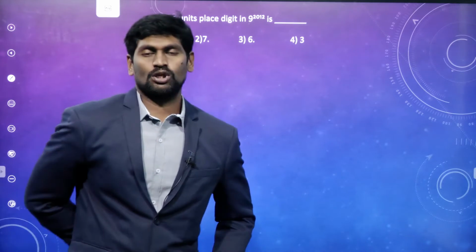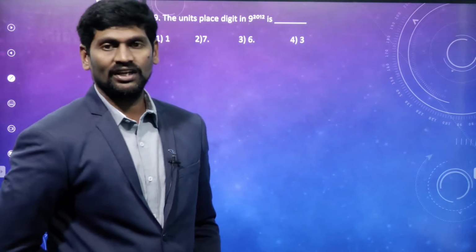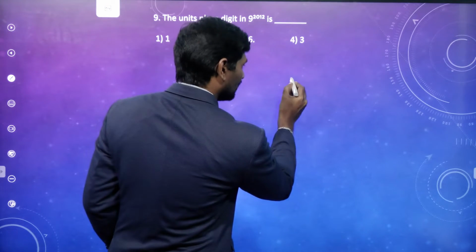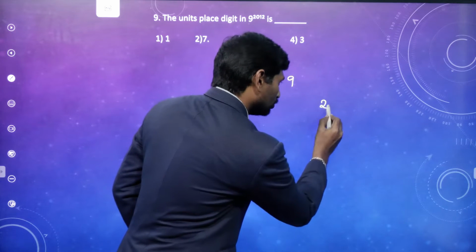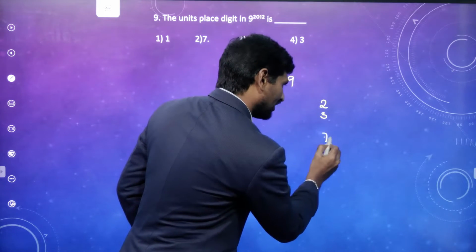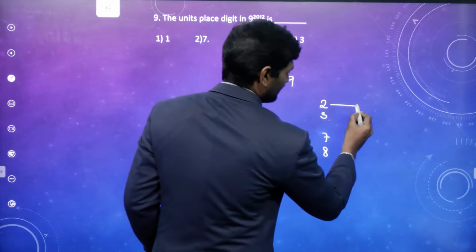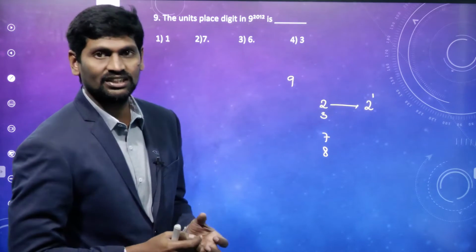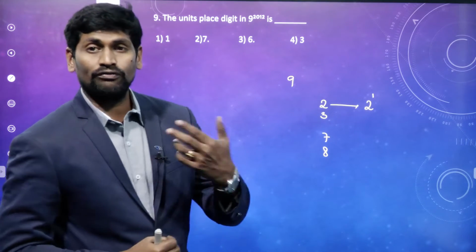Units place of 9 power 2012 is dash. While we are discussing powers, the numbers 2, 3, 7, 8 follow a pattern. That means 2 power 1, 2 power 2, 2 power 3, if you check like that, the digits repeat after the 4th term.